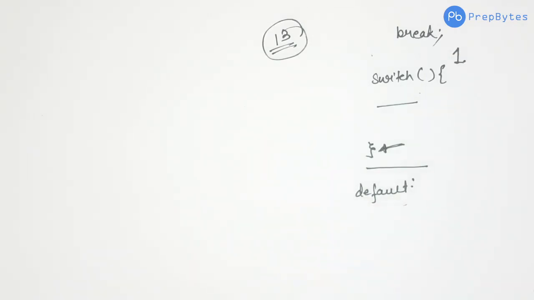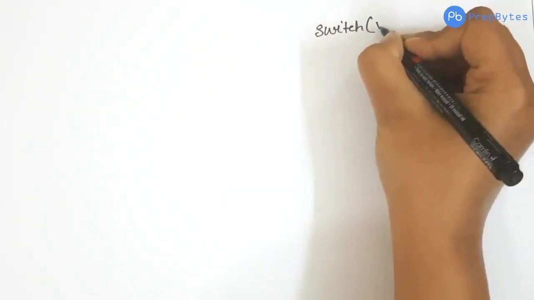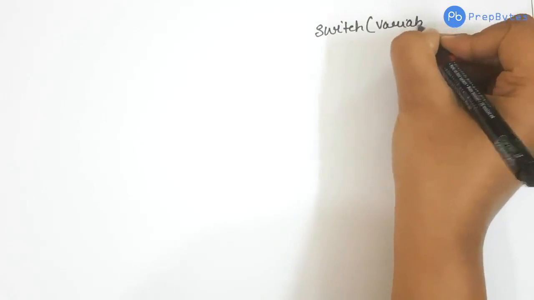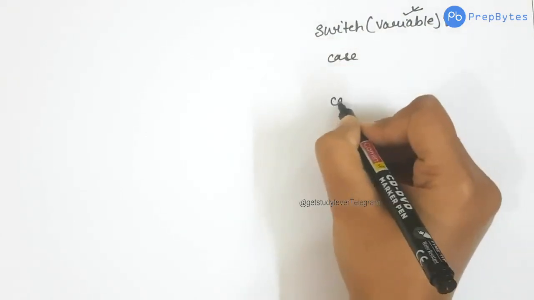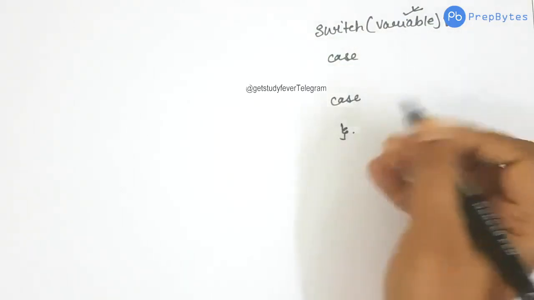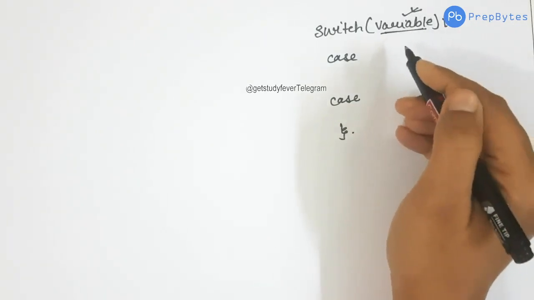Now one thing to note about switch is that we had a switch and then a variable, and based on the value of this variable the cases get executed. For this variable, not all data types are allowed.